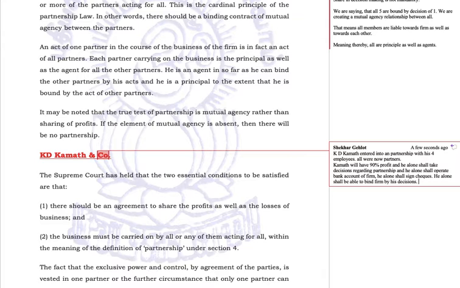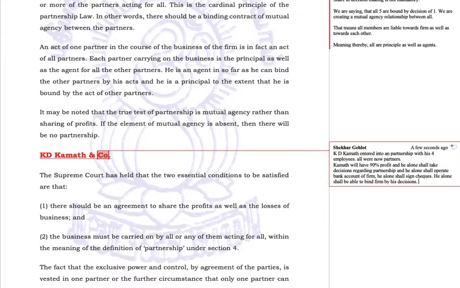Now there was a dispute regarding some tax structure. Some taxation issue was there, and it was an issue whether this is a partnership or not. Whether we can call this kind of a relationship a partnership, where K.D. Kamath is the whole and soul of the firm.